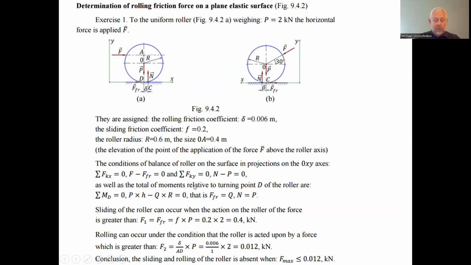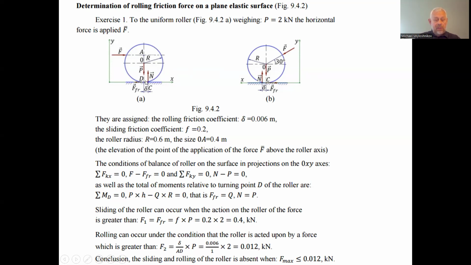And the second is that the total of the components of all forces in projections on the ordinate axis y has to be equal to 0. Then we have only two forces, the support reaction and the weight, which have to be equal to 0 in total, but with opposite signs, because the forces have opposite directions. Well, the total moments relative to the turning point D of the roller have to be equal to 0.